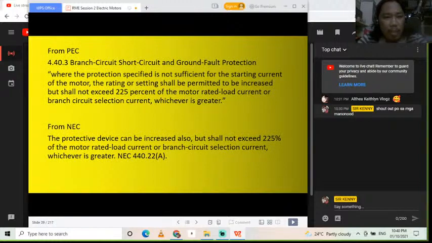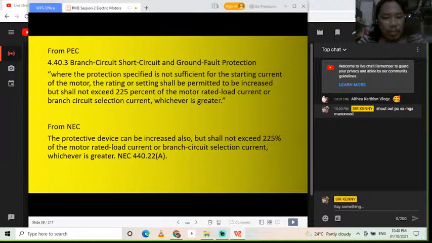So, according to PEC, where the protection specified is not sufficient for the starting current of the motor, the rating or setting shall be permitted to be increased but shall not exceed 225% of the motor rated load current or branch circuit selection current, whichever is greater.